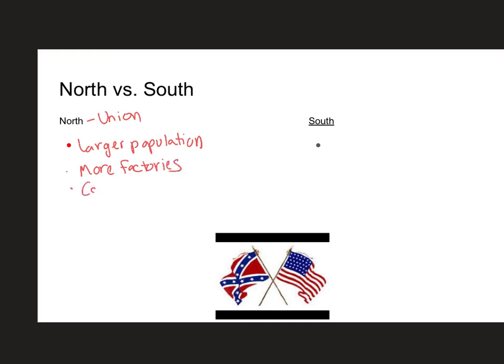They had control over the Navy. They had the railroad. And they were able to finance the war with taxes.